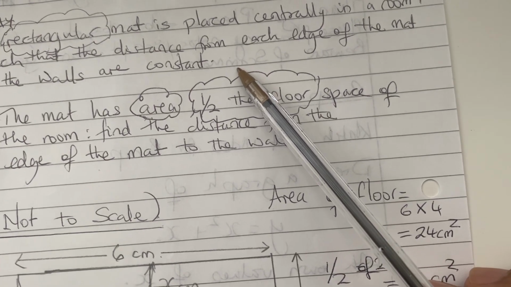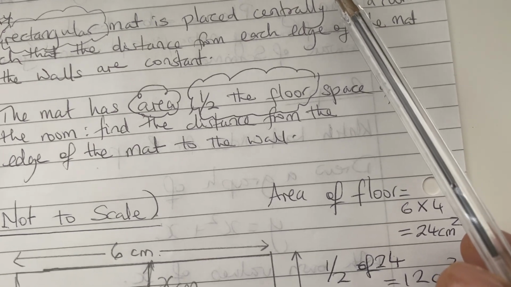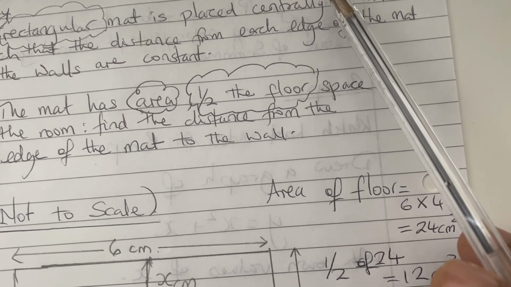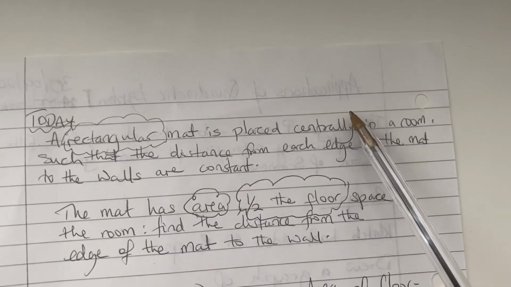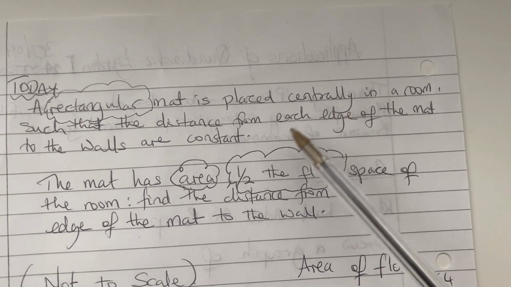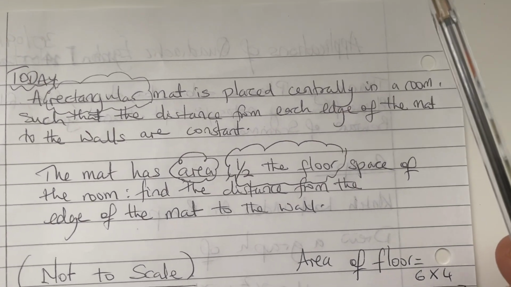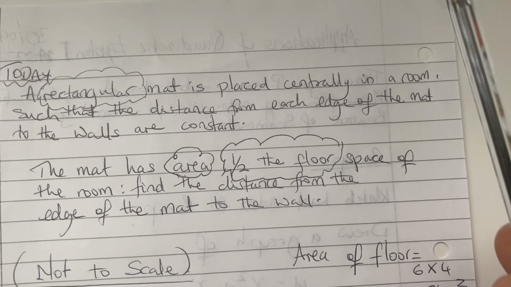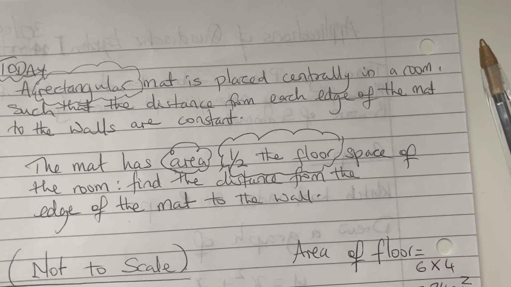Okay, so you've put a rectangular mat in the middle of a room. When you go to some houses, they have laminated wooden floors, so they don't need carpets. So they have a mat to put at the central part.